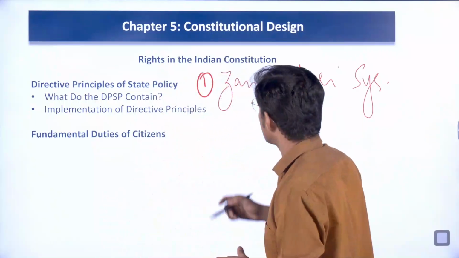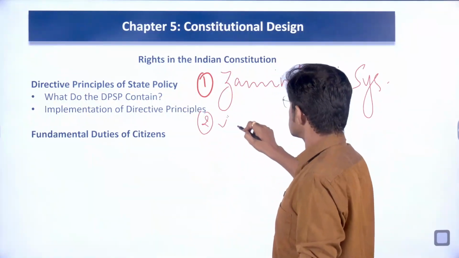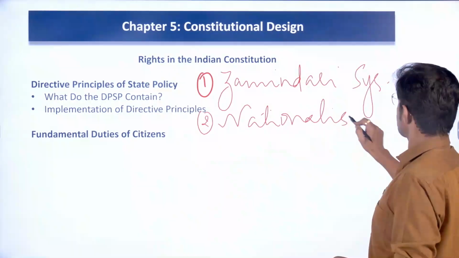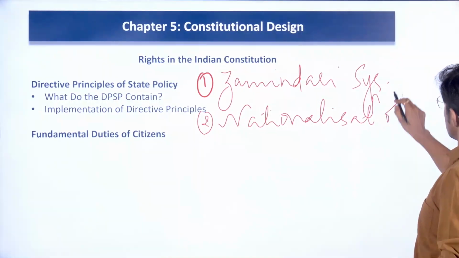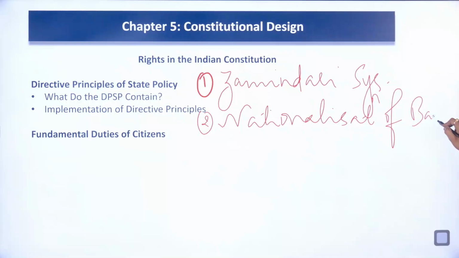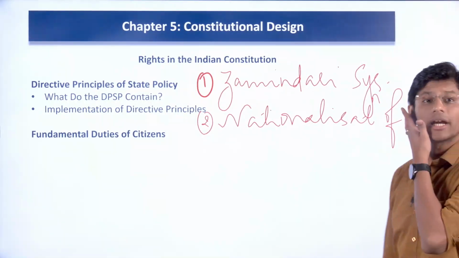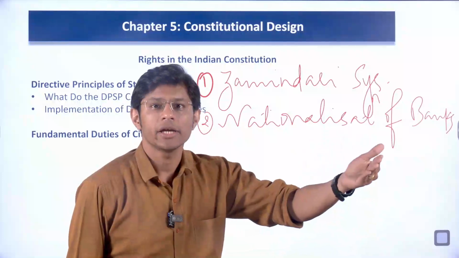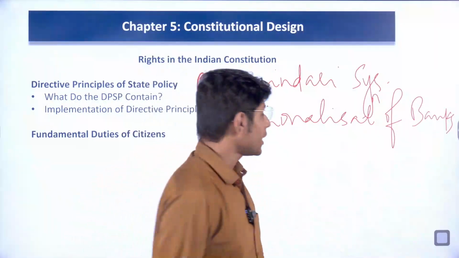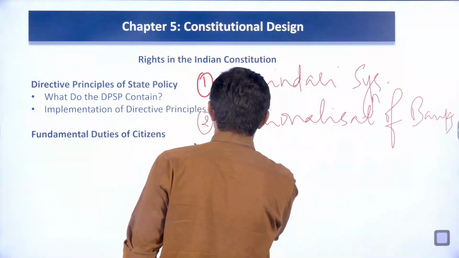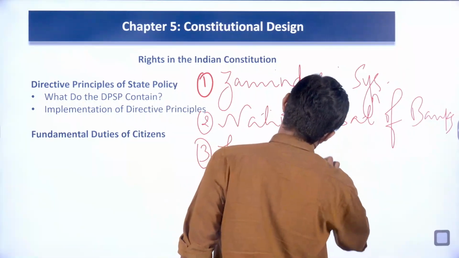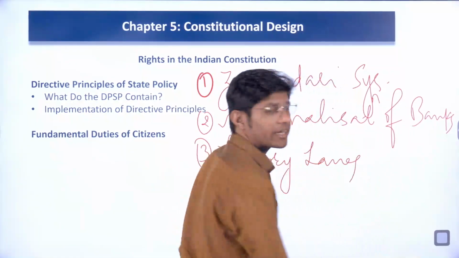Then, second, nationalization of banks to bring the banks under the control of the state. Why? So as to give credit money to the poor people. Then the factory laws. Why?